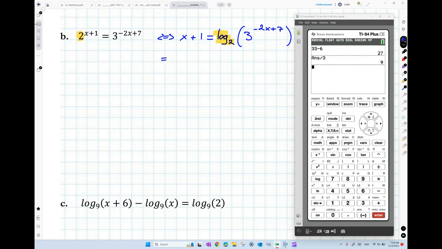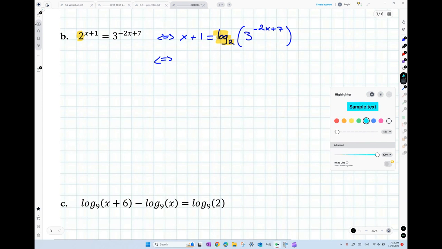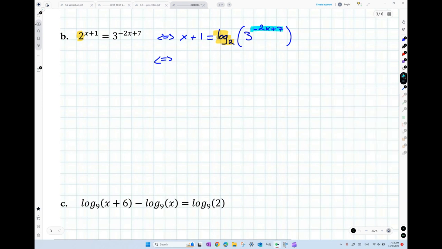And then I'm going to use logarithm properties to expand out this exponent, which will become a multiplier, a coefficient.